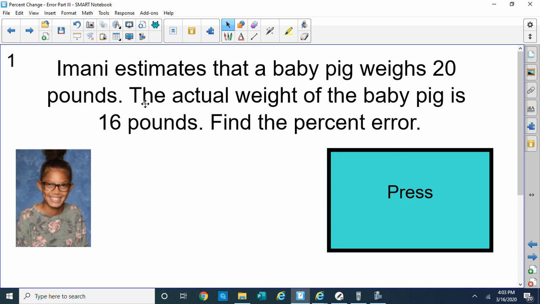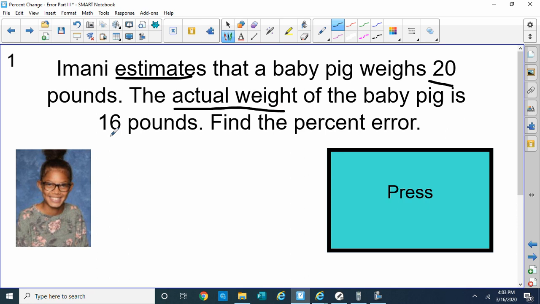Okay, so the first thing we need to do is utilize our formula. So let's get a pen. Okay, choose a color. So we have the estimate, which is 20, and the actual weight, which is 16.